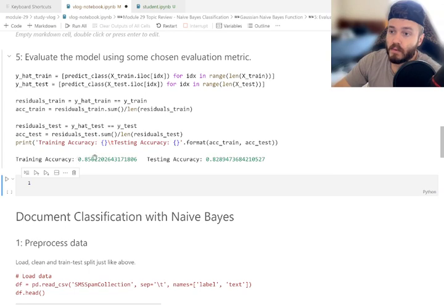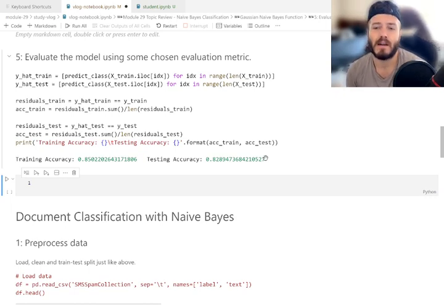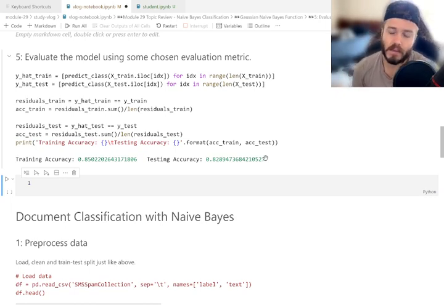And what we're looking for here is not just if it's as close to 1 as possible, but how different these scores are. So if our training accuracy was 0.6, but our testing accuracy was 0.9, that would be a red flag. You would be a little suspicious of that test data, and how well it was sampled would be my first instinct.